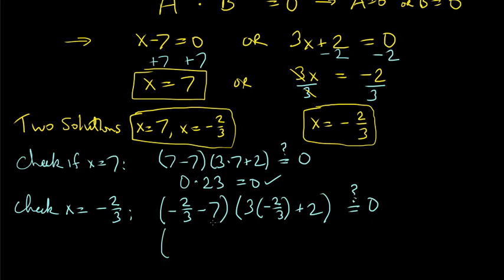Well, negative 2/3 minus 7 is going to be negative 23 divided by 3. If you don't see that, get a common denominator. But this is something we'll do later in Chapter 7. And it turns out it doesn't matter what this is, right? 3 times negative 2/3 is negative 6 over 3, plus 2.